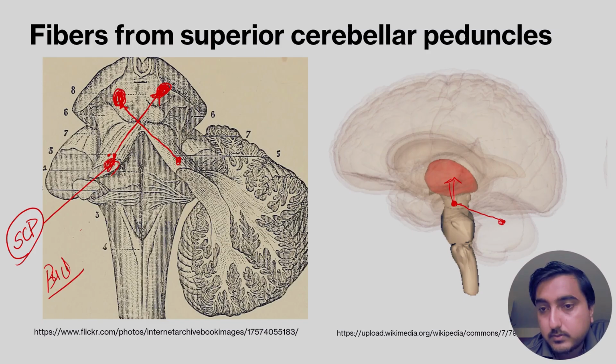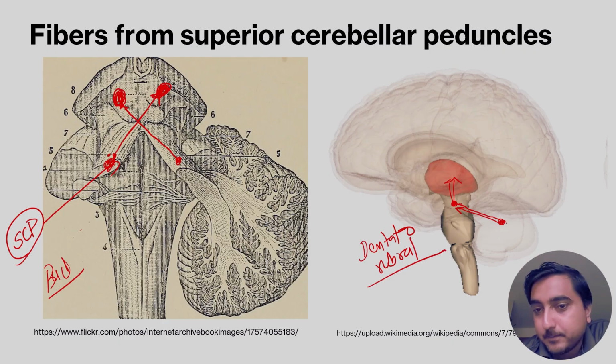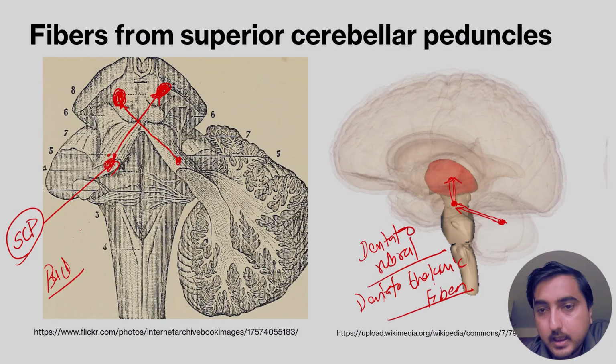The one that comes from the cerebellum and synapses in the red nucleus is called the dentatorubral. Rubral means red, right? So dentatorubral fibers. The ones that pass through the red nucleus to the thalamus are called the dentatothalamic fibers. These two types of fibers are passing through the red nucleus.